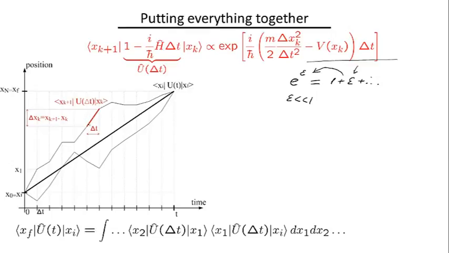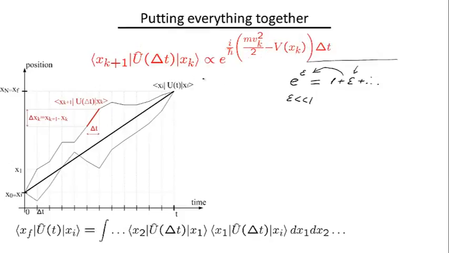Basically, you may think about the distance that the particle propagates in this time delta t. So delta x over delta t can be interpreted as simply the velocity of the particle. So therefore, we can see that this matrix element is nothing but e to the power i over h bar times m v squared over 2, so basically the kinetic energy minus the potential energy, times delta t.